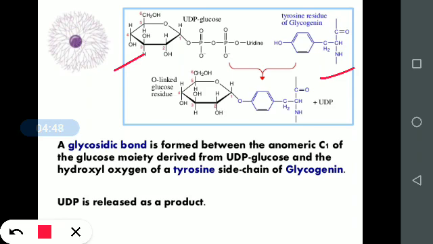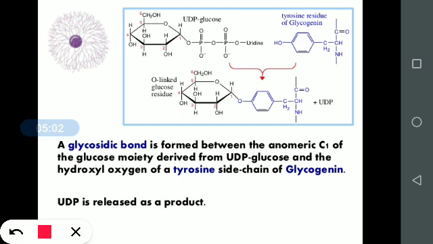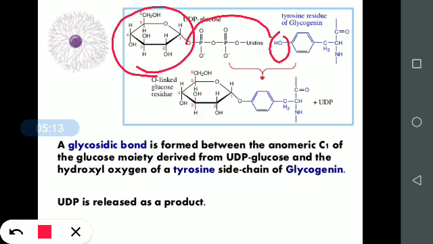A tyrosine residue of glycogenin, which is a protein, and tyrosine is an amino acid. This is the structure of the tyrosine amino acid in glycogenin. Now the glucose molecule goes and attaches to the OH hydroxyl group of the tyrosine residue of glycogenin.